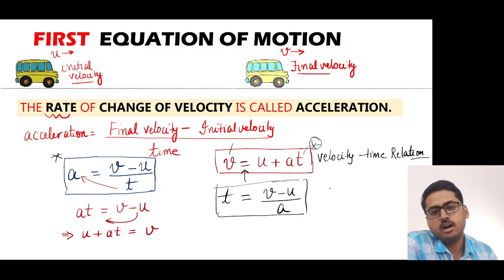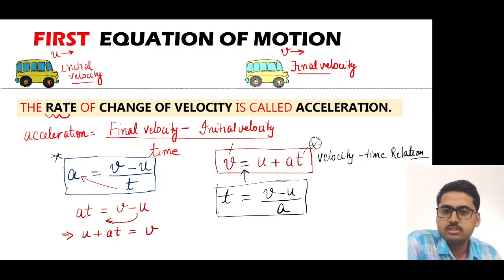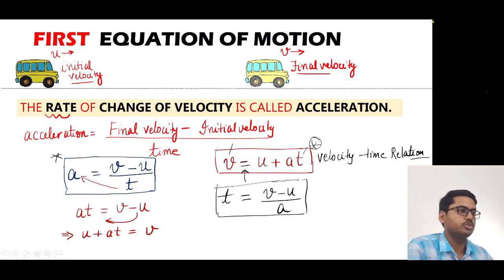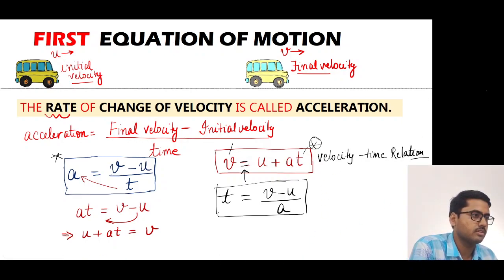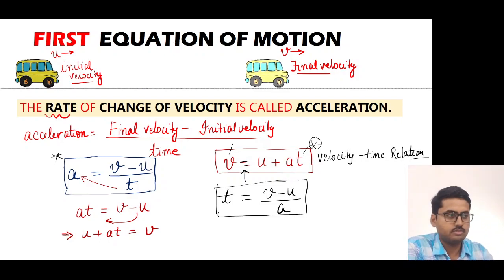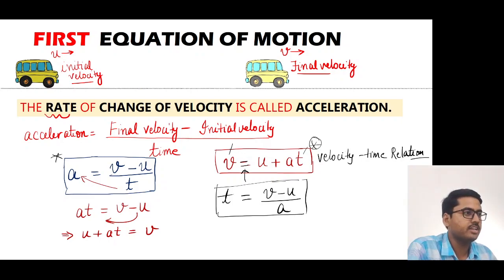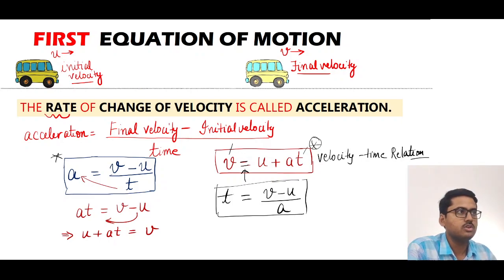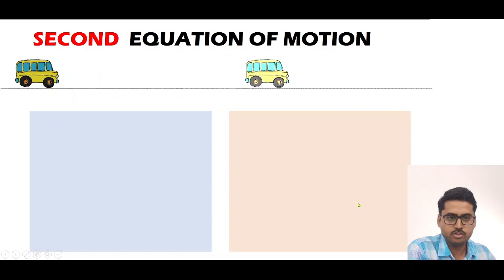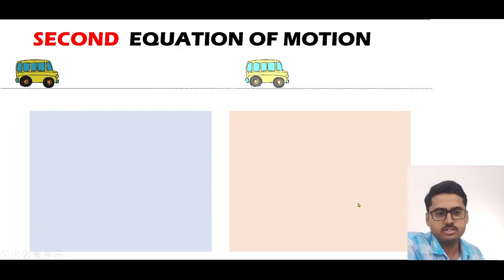Now let us see how we can derive the second equation of motion. In order to derive the second equation of motion, we need to take care of one small thing, and that is the distance.